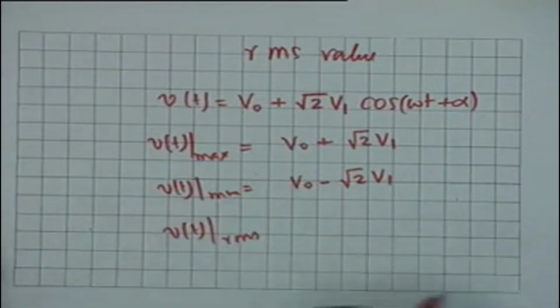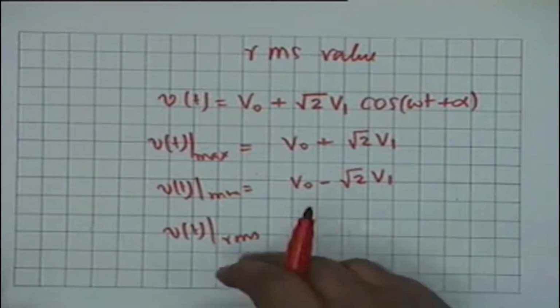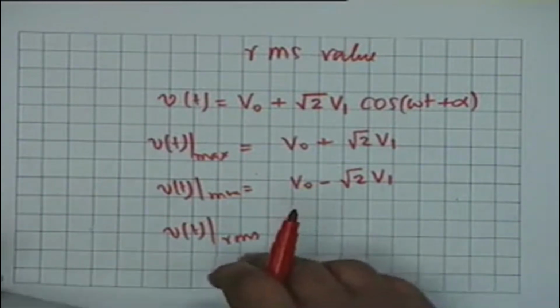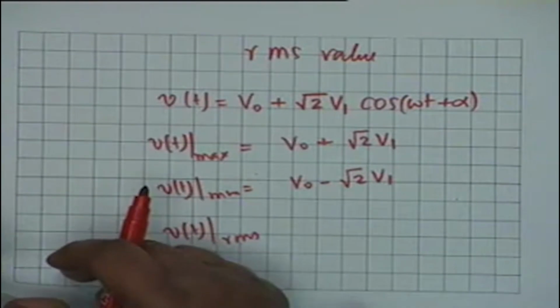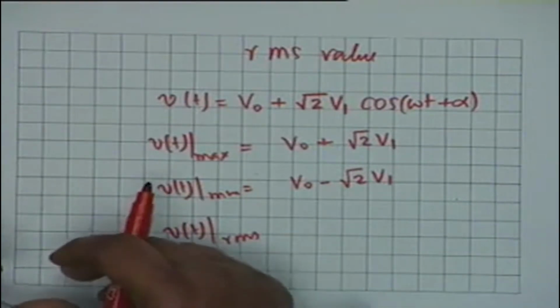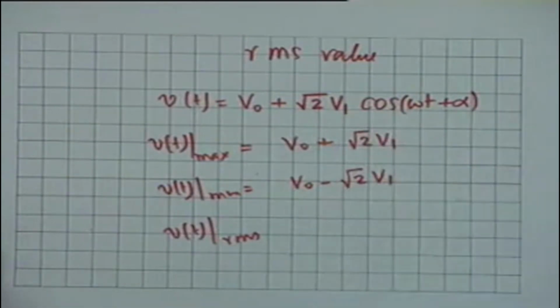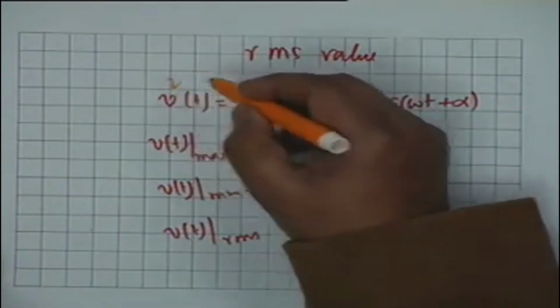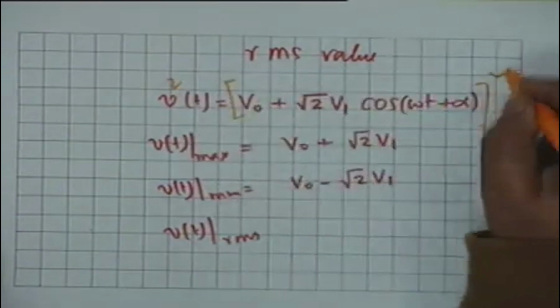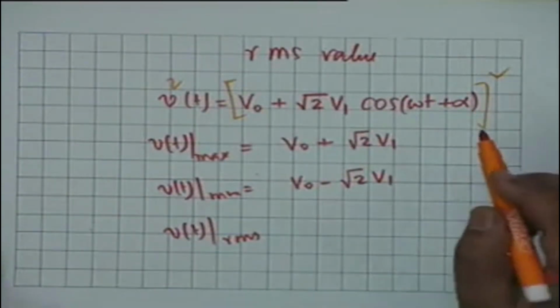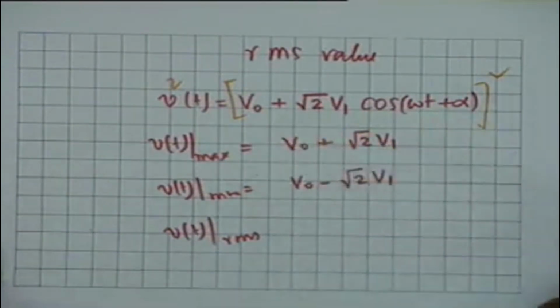To find that out, it's a very simple formula, but let's derive this formula. Okay. To find it out, what we do is we square this. V squared would be this, and it would have three terms, a plus b whole squared.